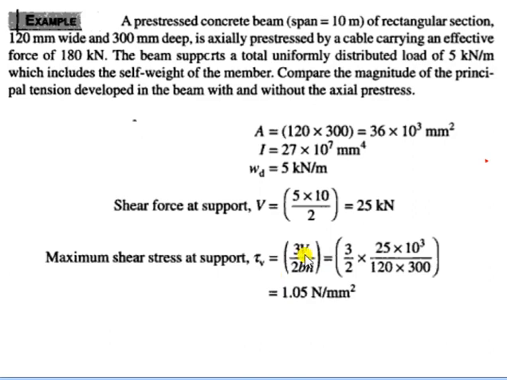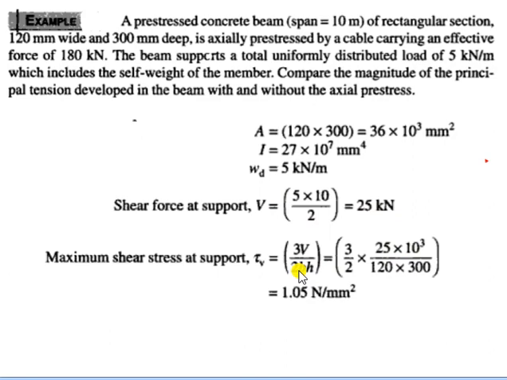So substituting the values of V, B and H. H is overall depth. So 3 by 2 is 1.5. V is 25 into 10 to the power of 3. V is nothing but shear force at the support, 25 kilonewton, so kilonewton is converted into Newton.